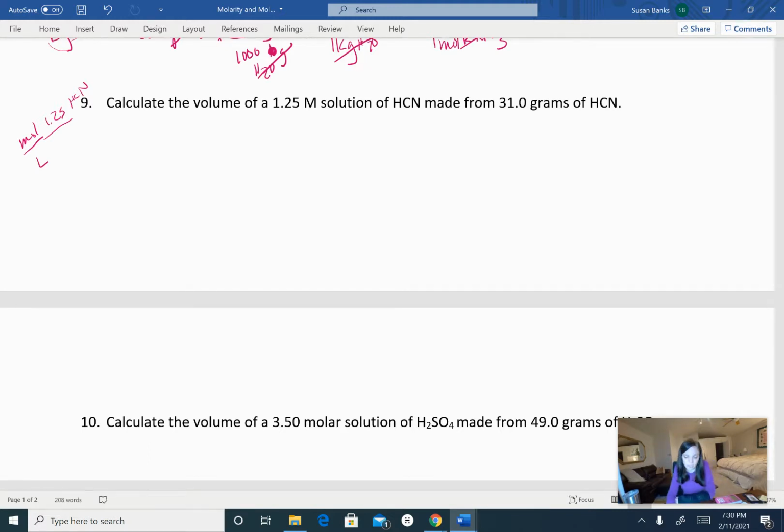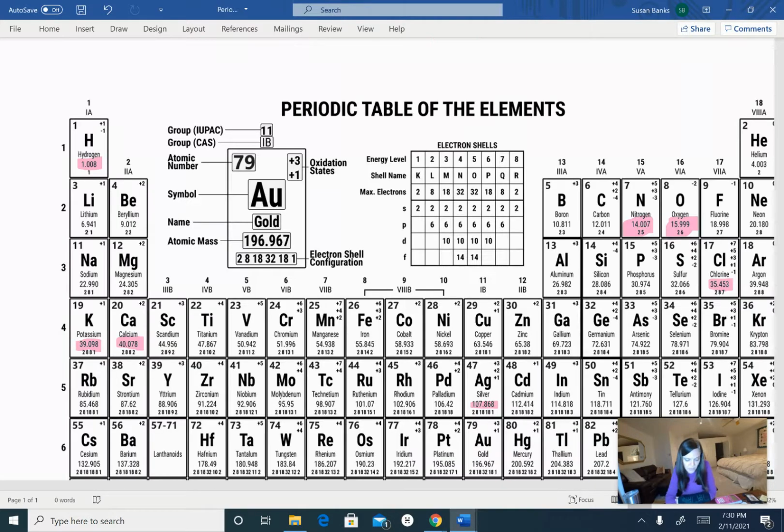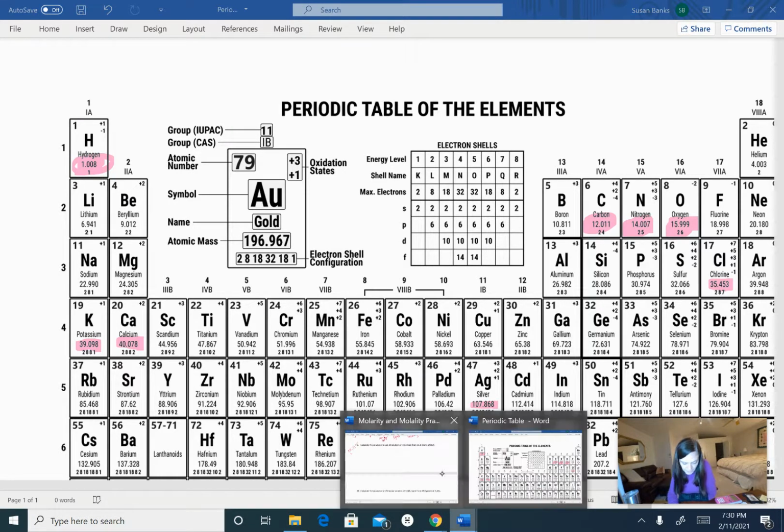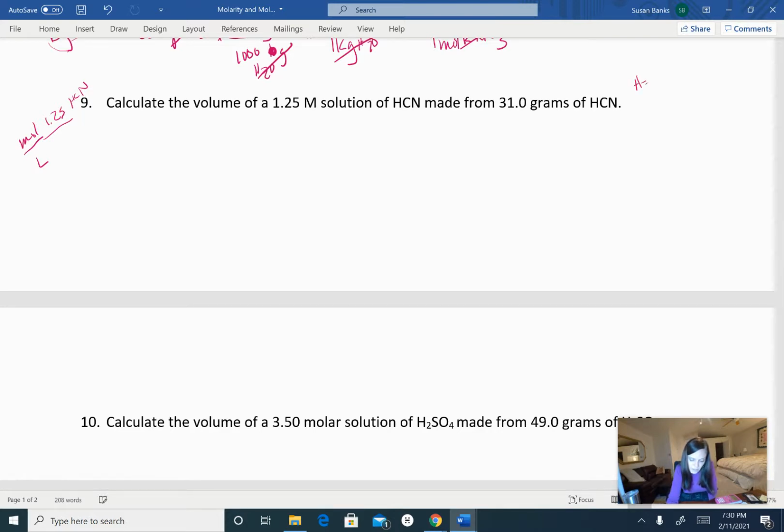So let's look. Hydrogen and carbon and nitrogen. So hydrogen we've already done. It's 1.0. Carbon 12.0. And nitrogen 14.0. So let's add that up. So hydrogen 1.0, carbon 12.0, and nitrogen 14.0. So that gives us a molar mass of 27 grams of cyanic acid to 1 mole of cyanic acid.